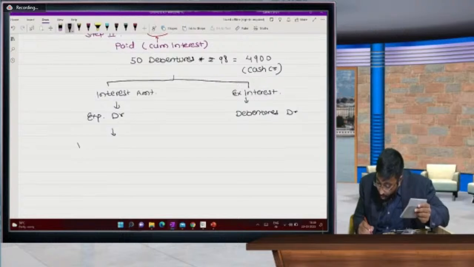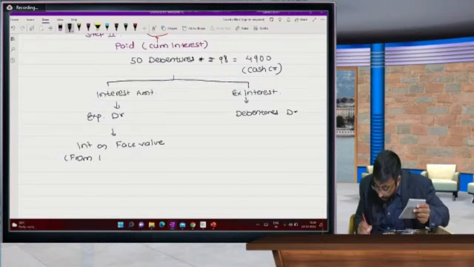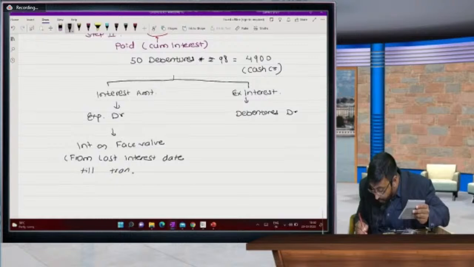Interest is always on face value from last interest date till transaction date.